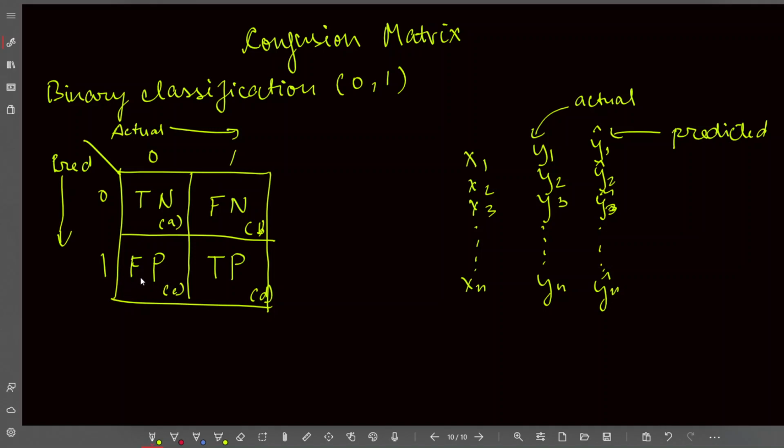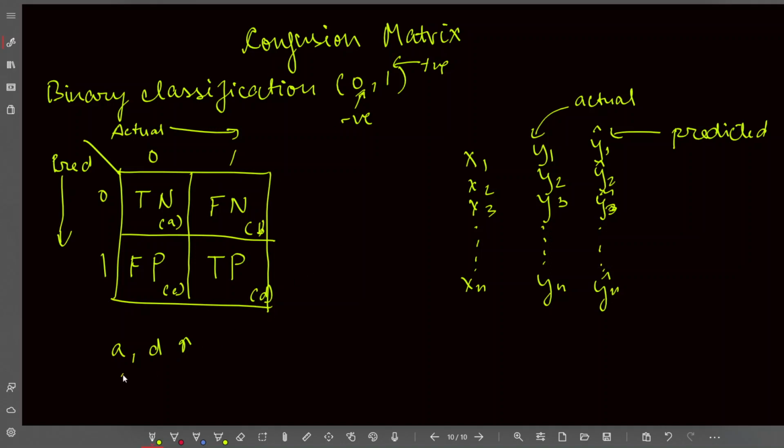they were falsely predicted. Similarly, true positives are all the classes that were predicted as 1, because 1 is my positive class and 0 is my negative class. So this is true positive. Ideally you would want your A and D to be high, because we are concerned with all the positive or negative data points being correctly classified.